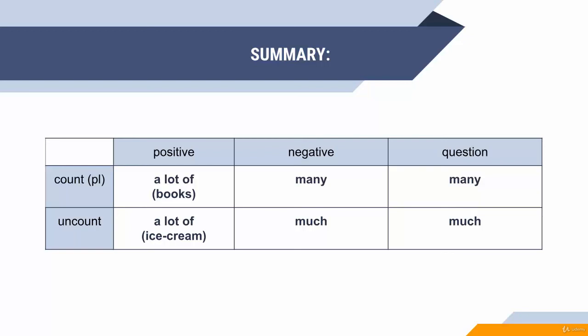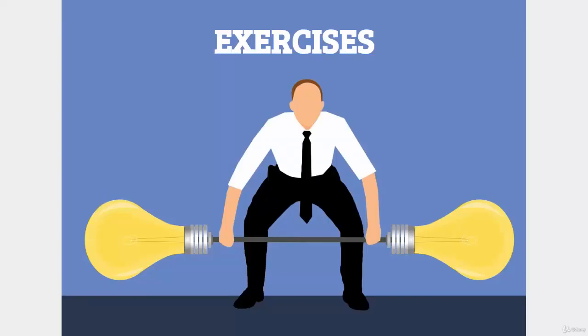If the sentence is negative, with countable nouns we use many. With uncountable, much. In a question sentence, the logic is the same. Countable nouns in plural, many. Uncountable nouns in plural, no, they don't have plural. So, uncountable nouns, much.